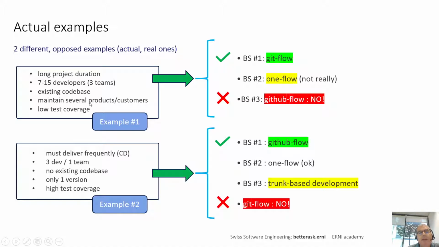We have to maintain several products and customers, and we have low test coverage. So the answer, based on the selector but also by common sense, is that Gitflow would be the best selection here. Oneflow would actually be possible.